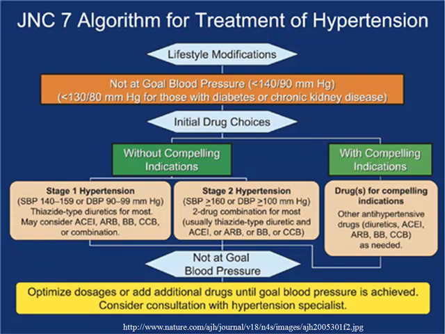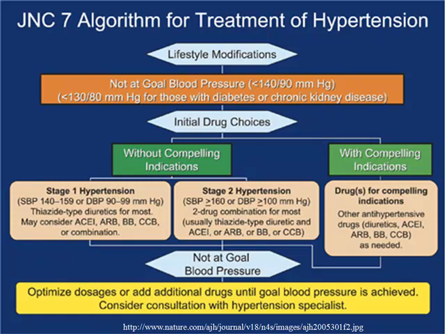So we want everybody to be doing those. If they're still not at their goal blood pressure with that, and notice that the goal blood pressure here is less than 140/90. Now that's not normal, but we want them to at least be less than 140/90. And diabetics or people with chronic kidney disease, we want them to be less than 130/80. So we have a different target for them.